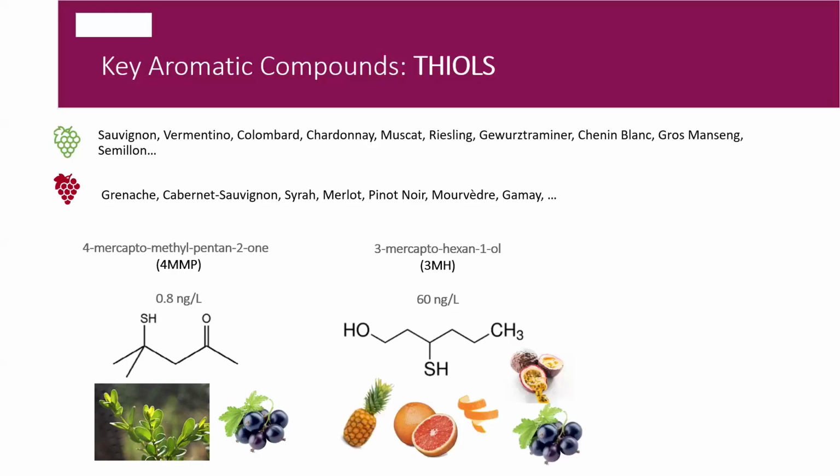This thiol has a higher threshold level, which means that it's less easy to smell. It's characterized by citrus aromas, grapefruit, and tropical fruits, which are key in some whites and rosé for the consumers.